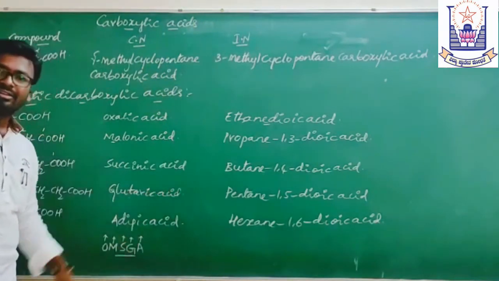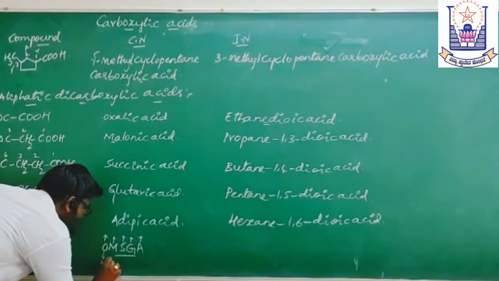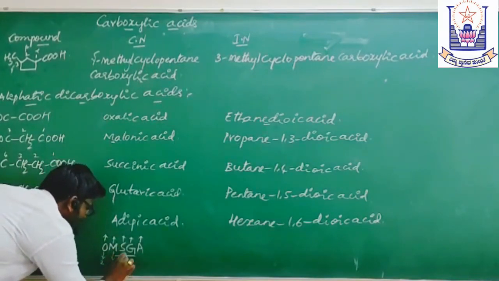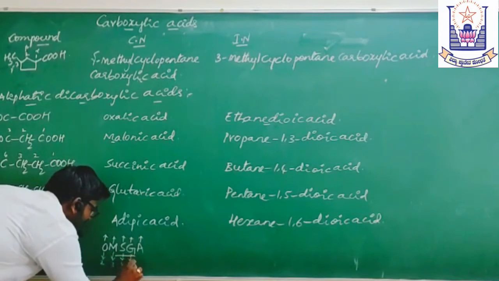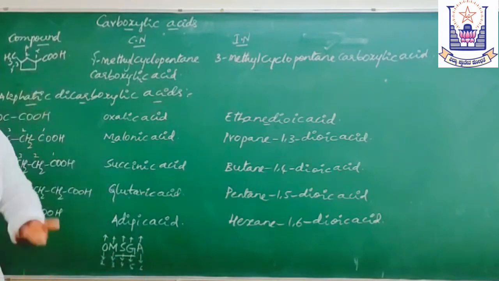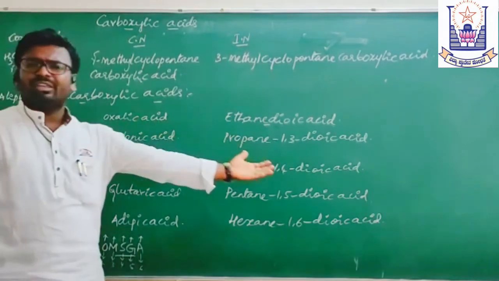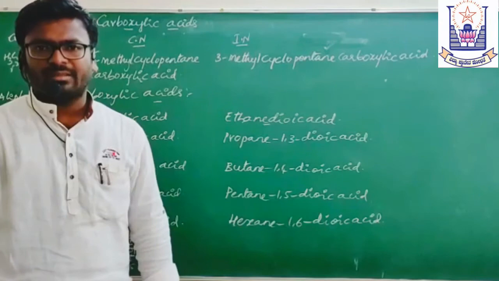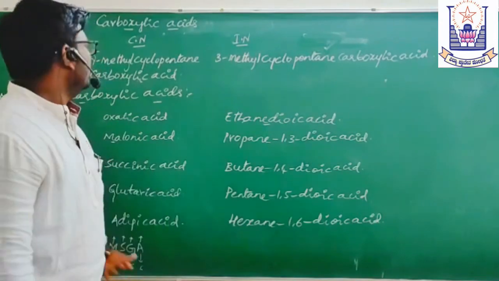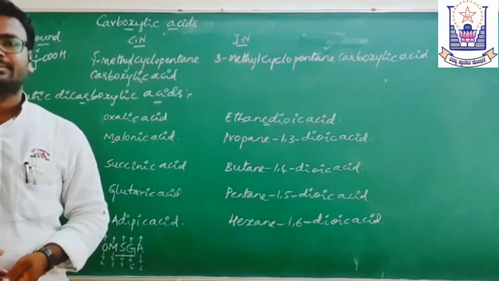In this order, O message, the first one is having 2 carbon atoms, the next is having 3 carbon atoms, then 4, then 5 carbon atoms, then 6 carbon atoms, like this. It's very easy to remember also. And IUPAC names are very easy to write. Okay. Yes, this is all about the aliphatic dicarboxylic acids.